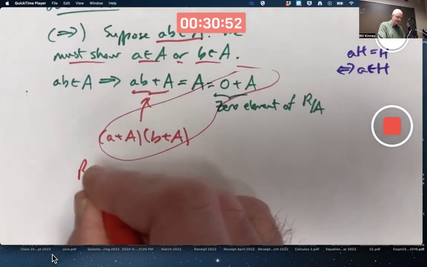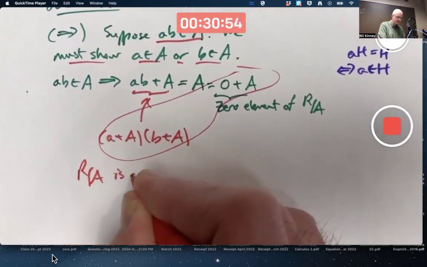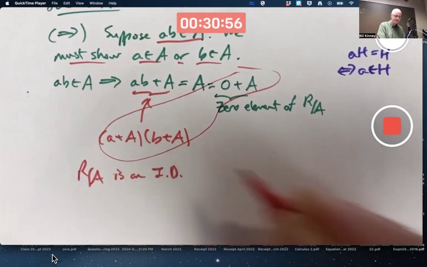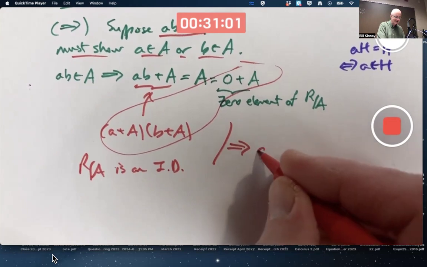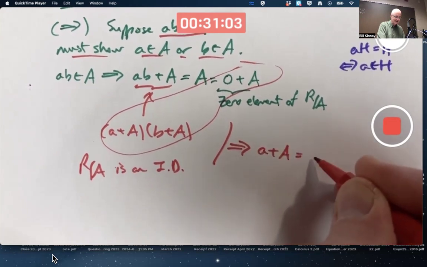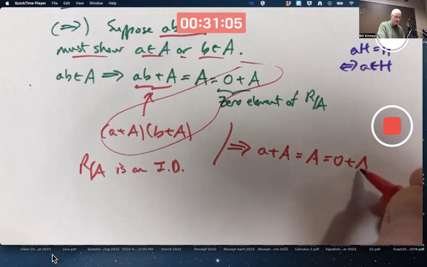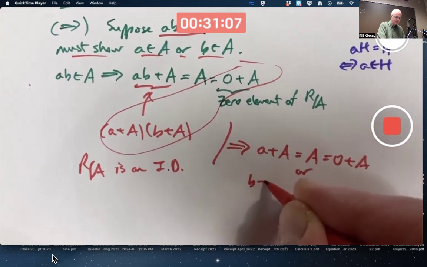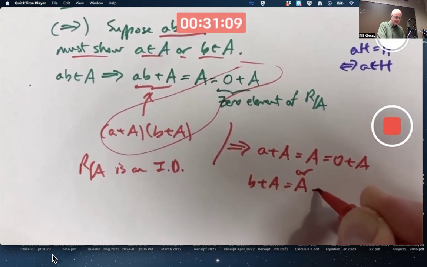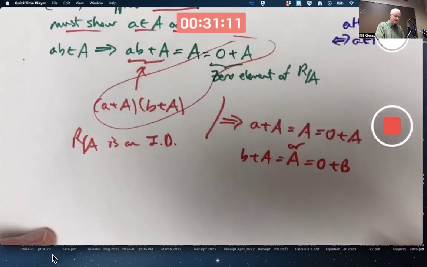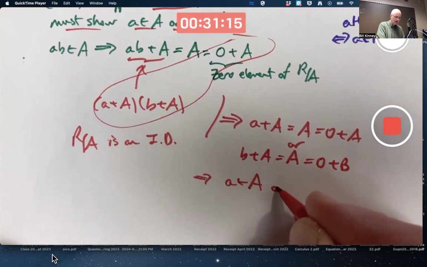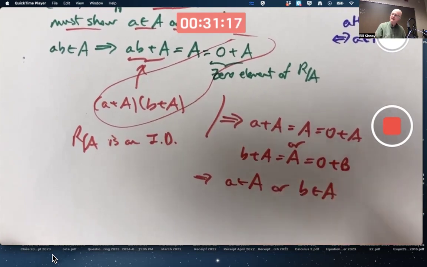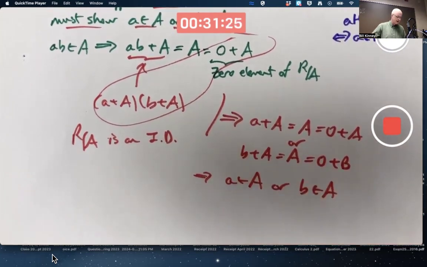The fact that the factor ring is an integral domain, ID, along with this implies either this is the zero element or that is the zero element, which implies either a is in capital A or b is in capital A. Done.